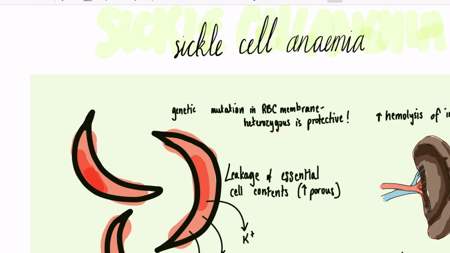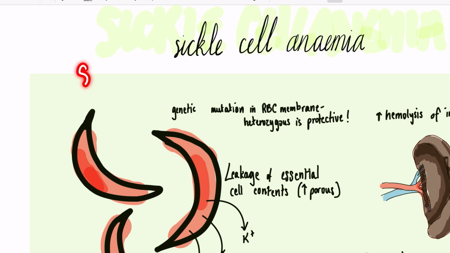So say I use capital S for a normal red blood cell membrane gene, whereas a small s is a sickle cell red blood cell gene.